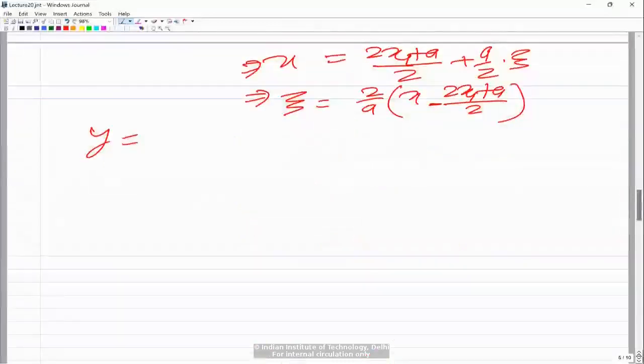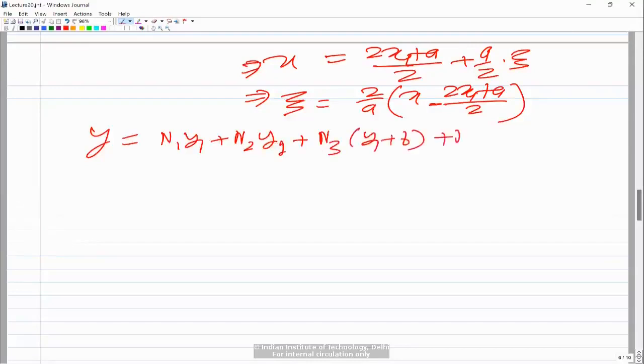So similarly, y is going to be n1 into y1 plus n2 into y2, which is nothing but y1, plus n3 into y1 plus b plus n4 into y1 plus b, because y3 is y1 plus b and y4 is also y1 plus b.